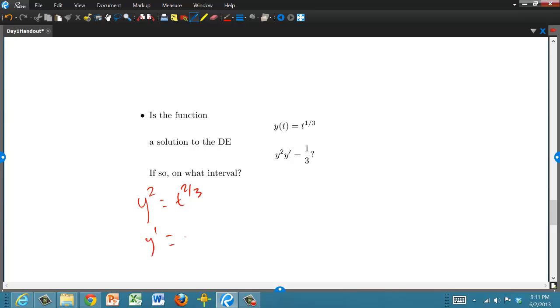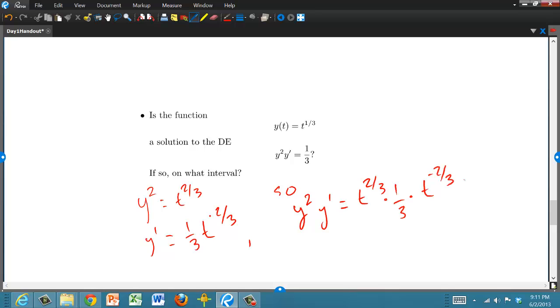Y prime would be 1/3 t to the negative 2/3. And so y squared y prime is going to be equal to t to the 2/3 times 1/3 times t to the negative 2/3.